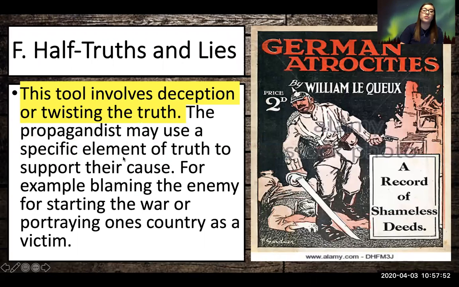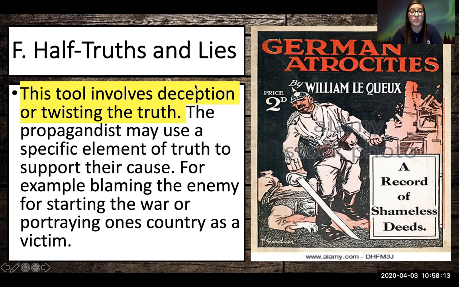Next, we have half-truths and lies. This tool involves deception or twisting the truth. The propagandist may use a specific element of truth to support their cause. So not the entire truth, but a little portion of it. For example, blaming the enemy for starting the war or portraying one's country as a victim.